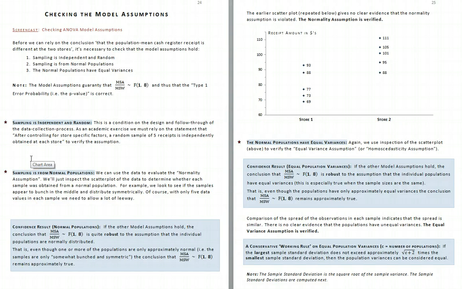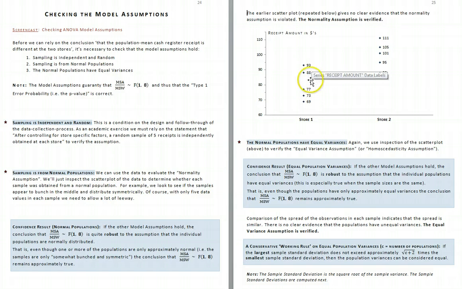The second model assumption is sampling is from a normal population. We'll use a scatter plot of the data to evaluate this and to evaluate the next model assumption. The scatter plot is repeated at the top of the next page. Here's the sample 1 data.